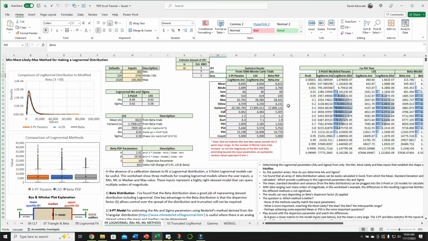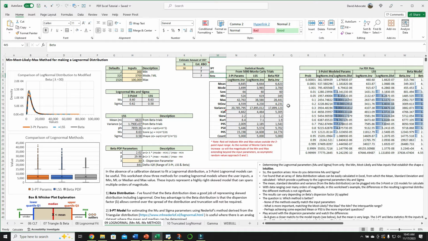I found that a beta distribution can be easily calculated in Excel, from which the mean, standard deviation, and variance can be calculated, which provide a pathway to the log-normal parameters mu and sigma. And the mean, standard deviation, and variance from the beta distribution can be plugged into the 3-point or LSS models for calculating mu and sigma.